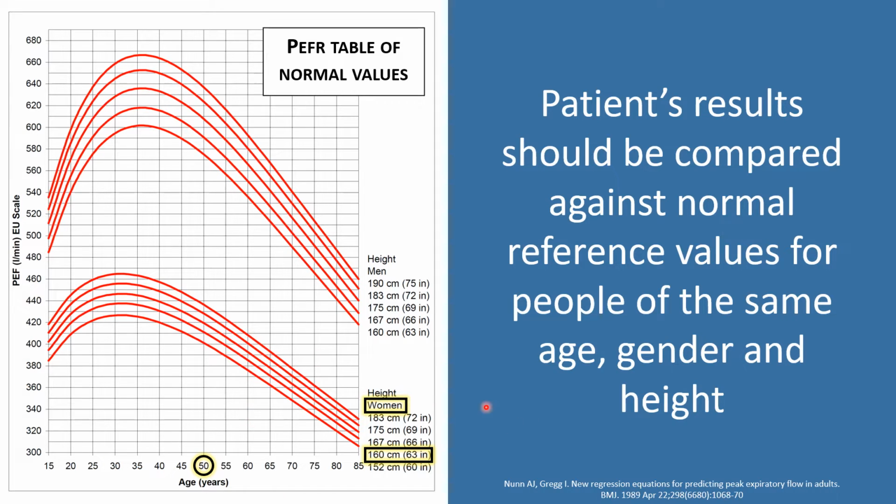But on a chart, the way we would do it, we would say, right, okay, that up to there, and so the predicted is about 410 litres per minute. So that's how we discover what's normal for one person and what's different for somebody else.